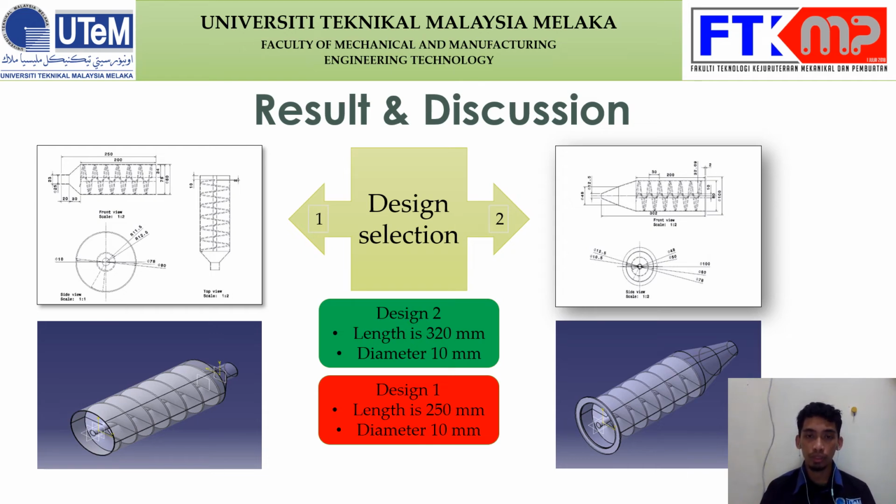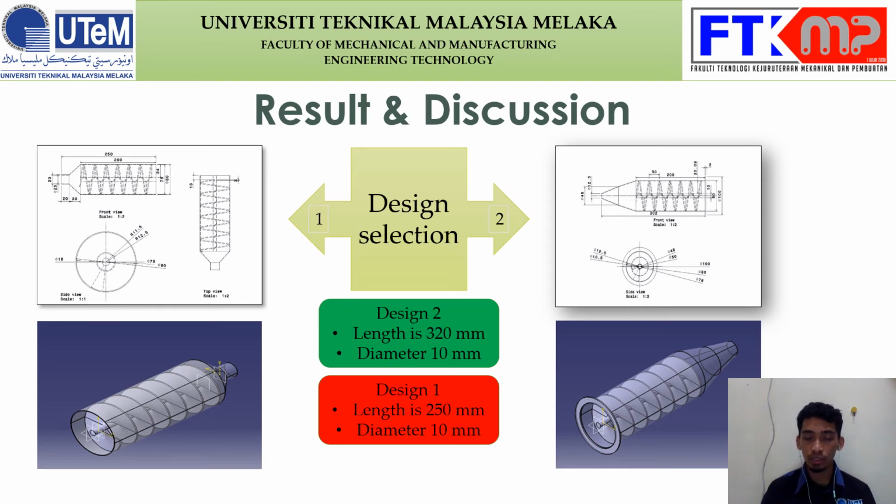Okay, based on the two design concepts that I created using CATIA and SolidWorks software, the second design is selected to produce the spiral channel. This is because the second design has a longer pathway compared to the first design, which is 320 mm.